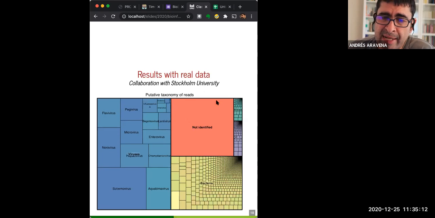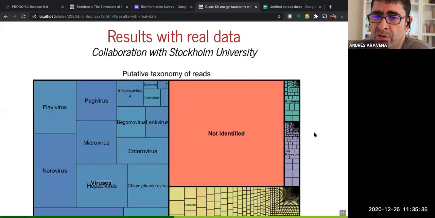So the size of this box corresponds to the number of reads that are classified as virus or bacteria, or in the case of virus, you see there's some kind of dominant one. Now, the limit of this is, of course, the limit of the knowledge that we have about virus or sequencing. We are limited by the database. This is the kind of thing that we get.